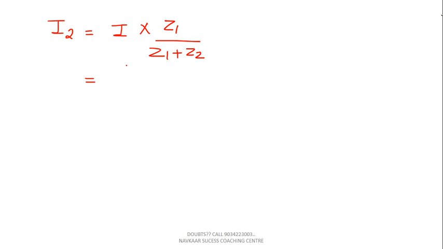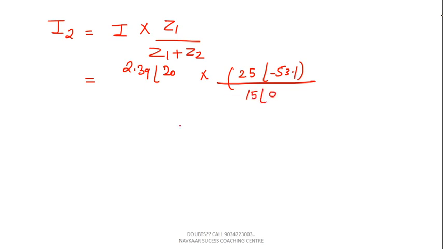I is 2.39 angle 20 degree multiplied by 25 angle minus 53.1. Again Z1 plus Z2 is 15 angle 0. If we solve this completely, we get 3.96 angle minus 33.1, and in rectangular form it would be 3.31 minus J2.16.